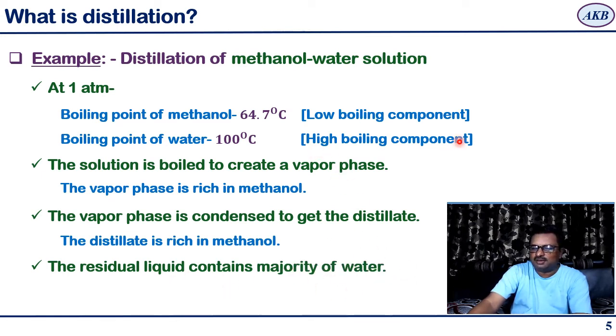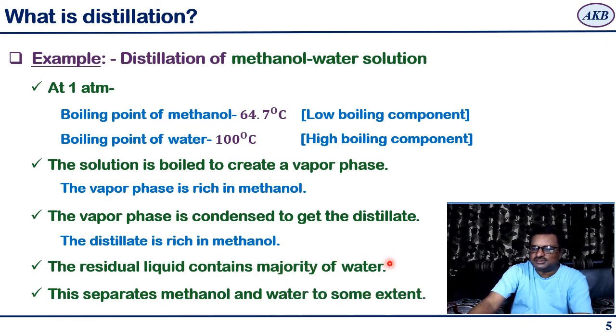Water being the high boiling component will majorly remain in the residual liquid solution, which is then separated as the bottom product. In this way, methanol and water are separated to some extent. Why am I saying they are separated to some extent?